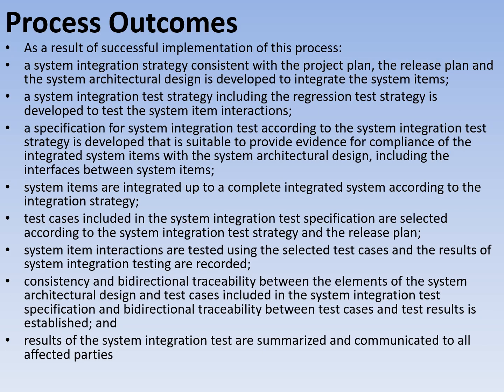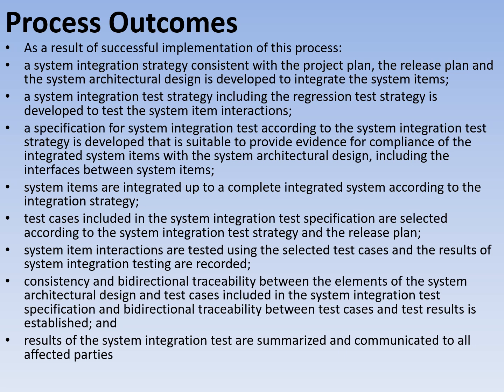So what are the process outcomes? As a result of successful implementation of this process, a system integration strategy consistent with project plan, the release plan, and the system architectural plan is developed, and the system items are integrated. This is something which I already said. This last process outcome is more like a repetition of what we covered in the previous slide. It's more like a summary.